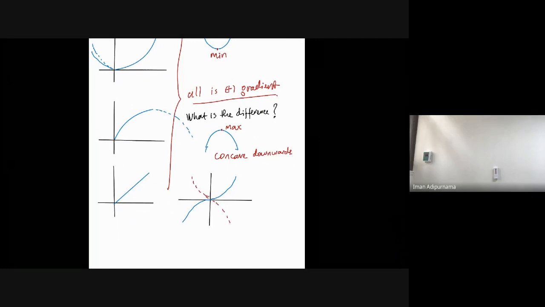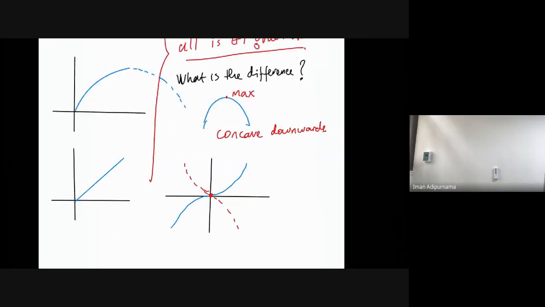You can have half upwards, half downwards, and the point in the middle is the point where the concavity changes from downwards to upwards, right?